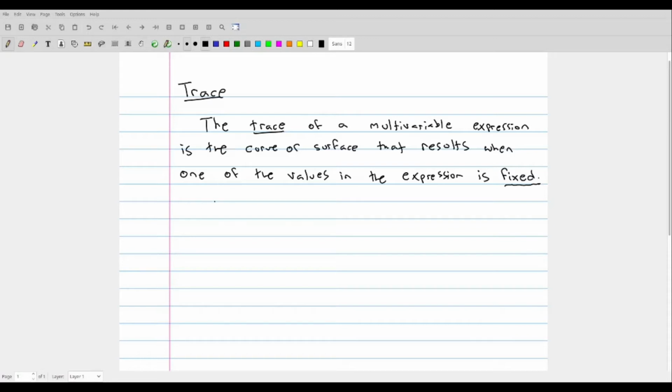And the main idea that we're going to be using this for is to help us visualize the expression without the use of a graphing software. So we can use traces to help us visualize the expression geometrically.